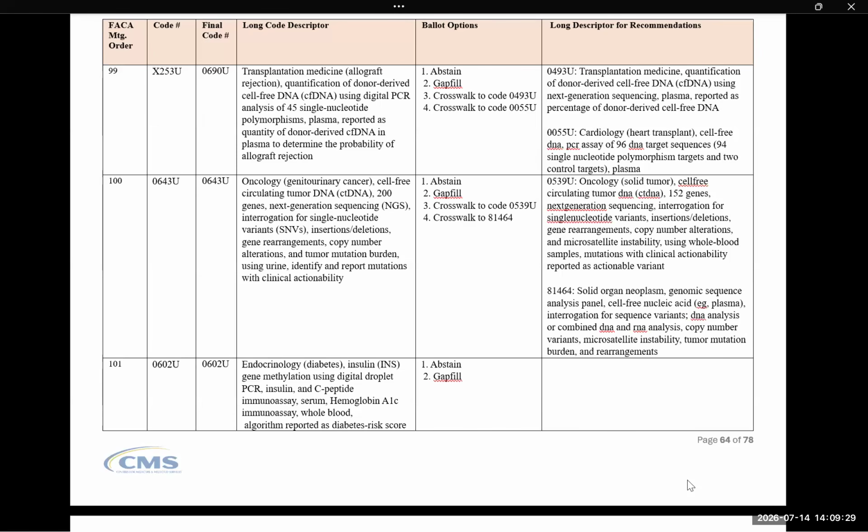The recommendation from the committee aligns with the recommendation from the professional society. The crosswalk to 0493U is recommended, and alternatives are provided for selection. Thank you. All right. Do we have any questions or comments from other panel members or CMS about these codes? All right. If not, panel members, please cast your votes.